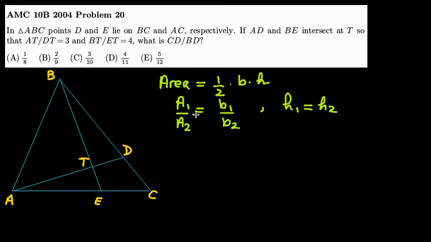So let's apply this proportion relationship to a bunch of different configurations here. Let's first look at triangle ACD and triangle ABD.